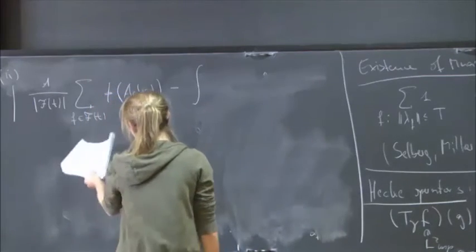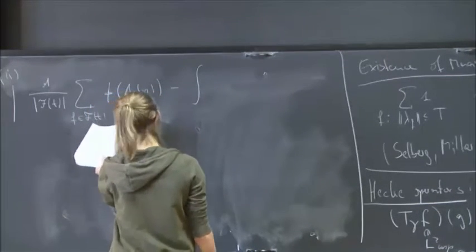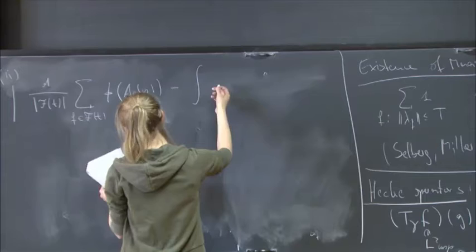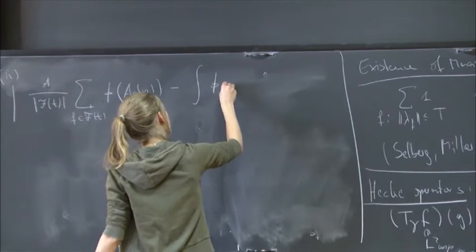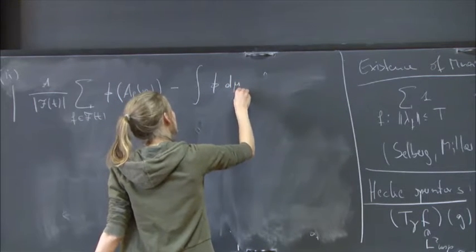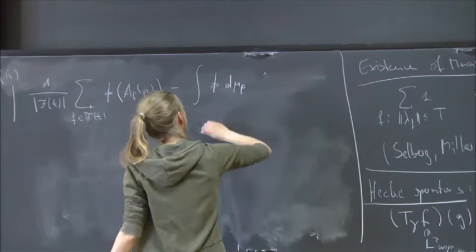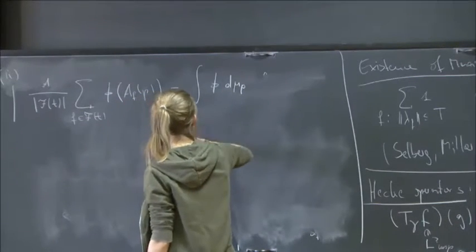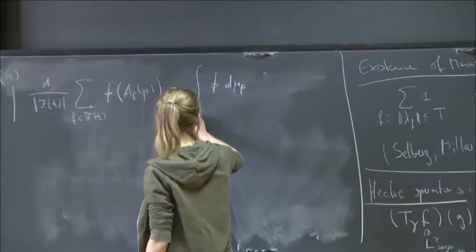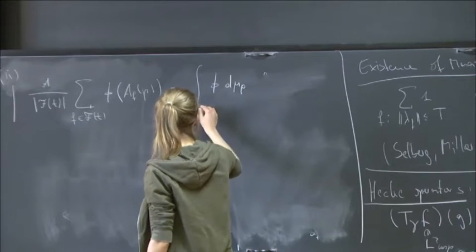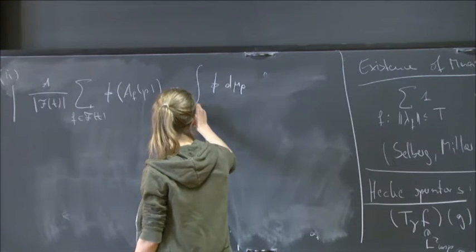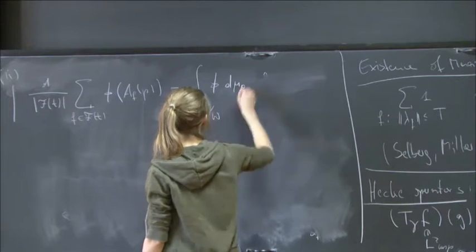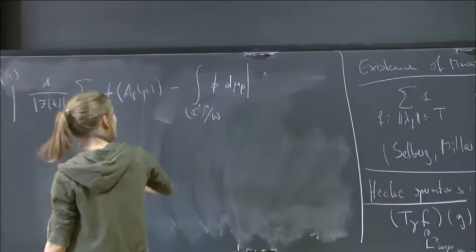Then the limit as t goes to infinity is equal to phi integrated with respect to the Plancherel measure at p. And we can give an upper bound for the error term.